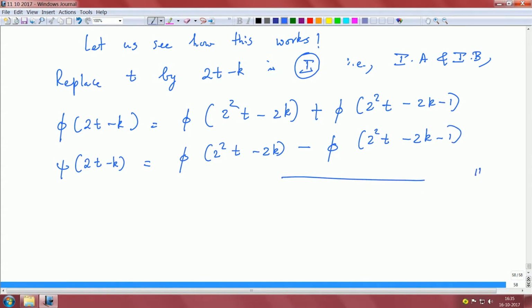Let us call this equation 3, right. Just we are going to one scale down.